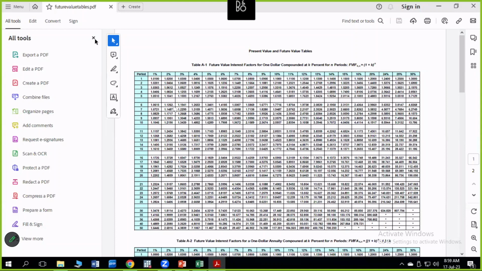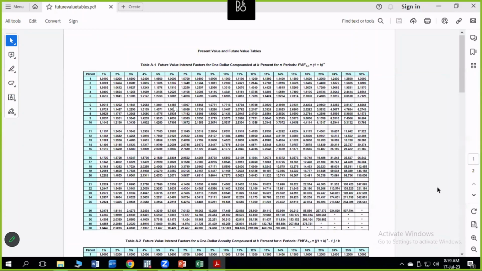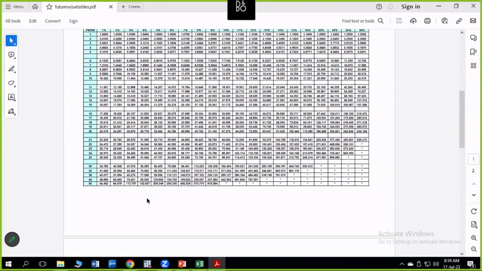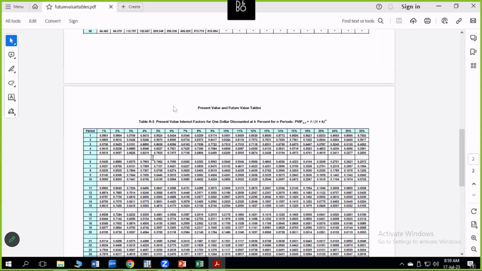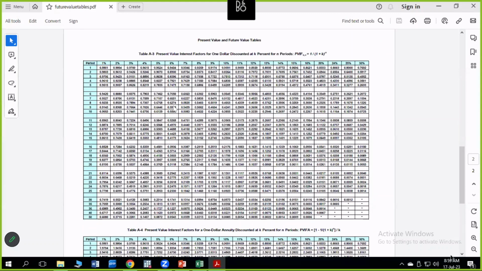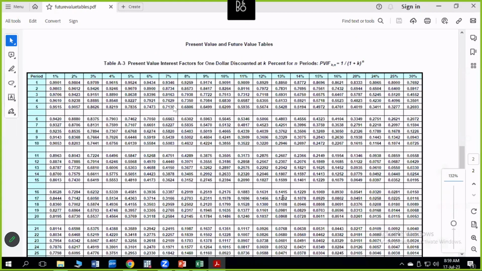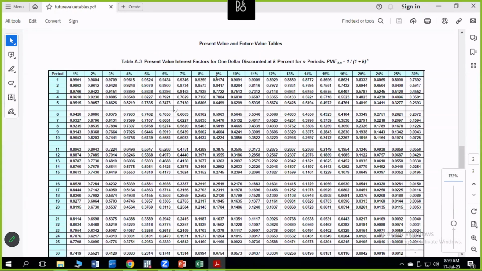The present value table is presented as Table A3. You can see that at 8%, the values are presented here.